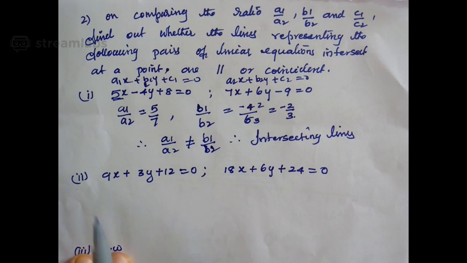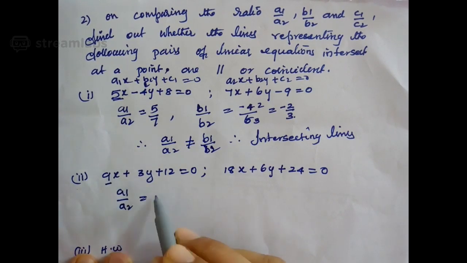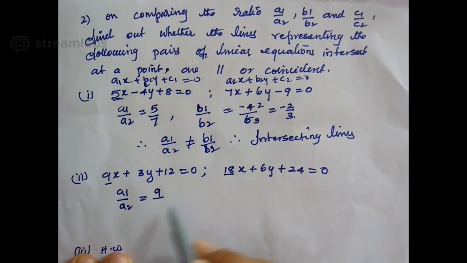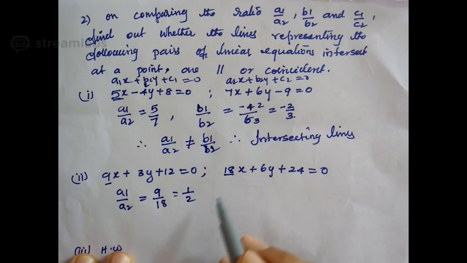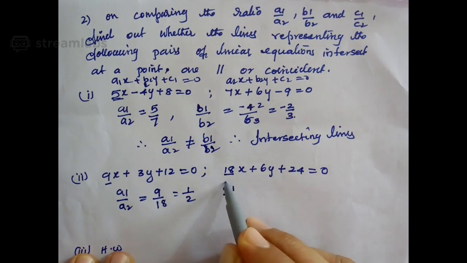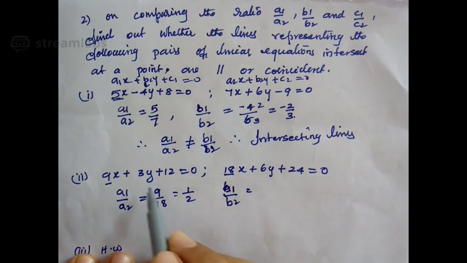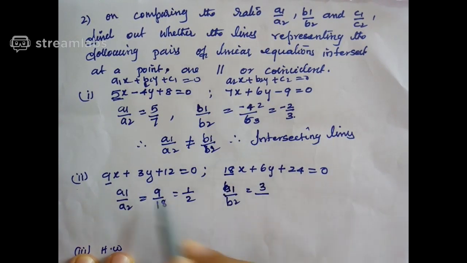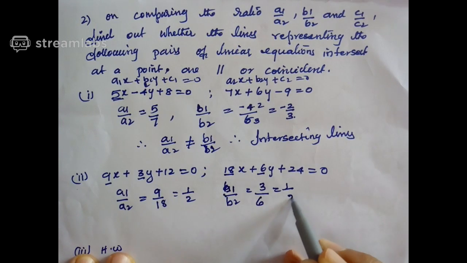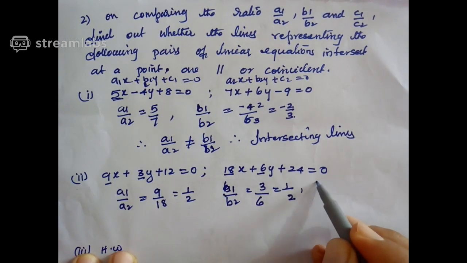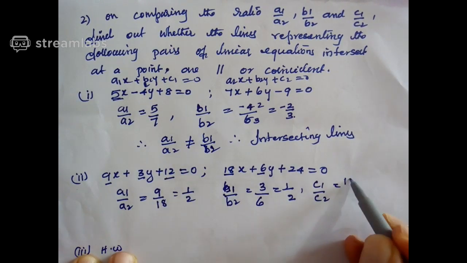Now see the second one. A1 by A2. A1 is 9, A2 is 18. What is 9 by 18? 1 by 2. Here B1 by B2 you have to find. What is B1? 3. What is B2? 6. It is what? 1 by 2. Then C1 by C2. C1 is what? 12.